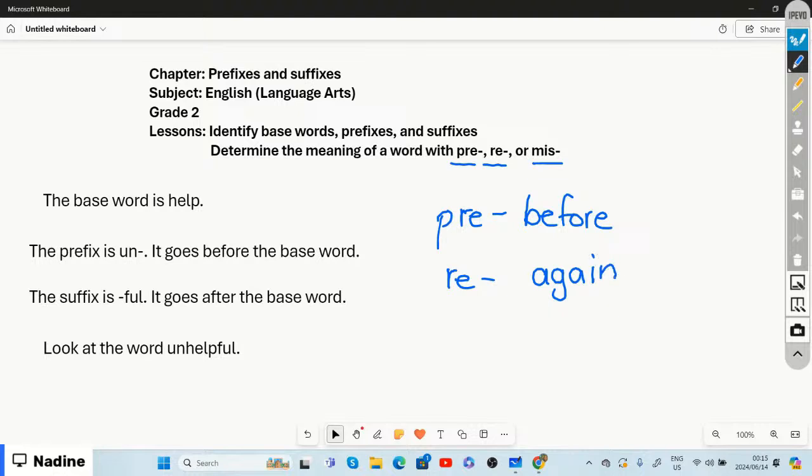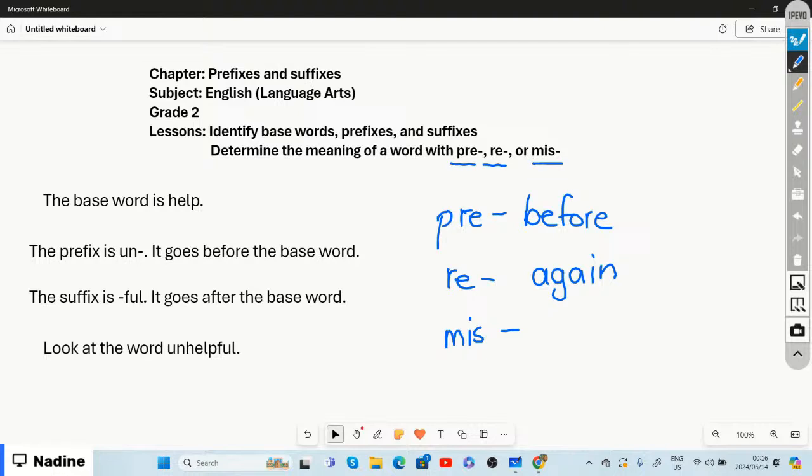And then we have the word miss. The prefix miss means wrongly, or badly, or incorrectly, right?